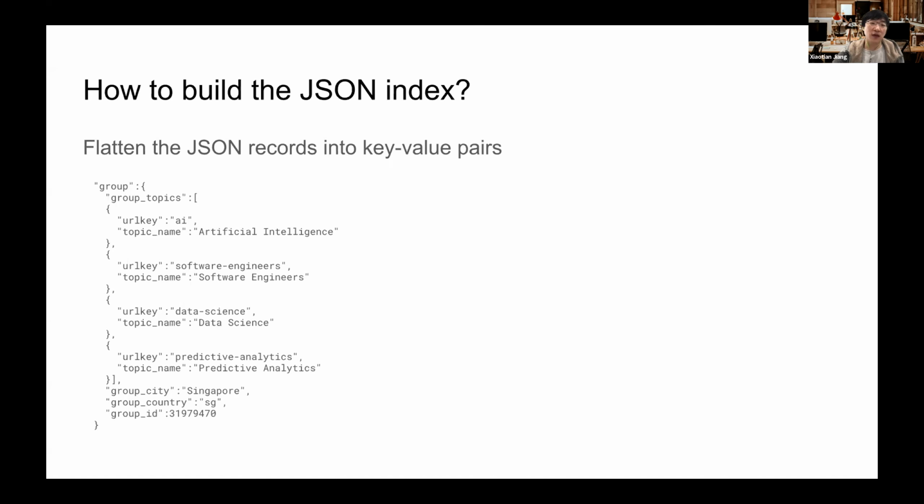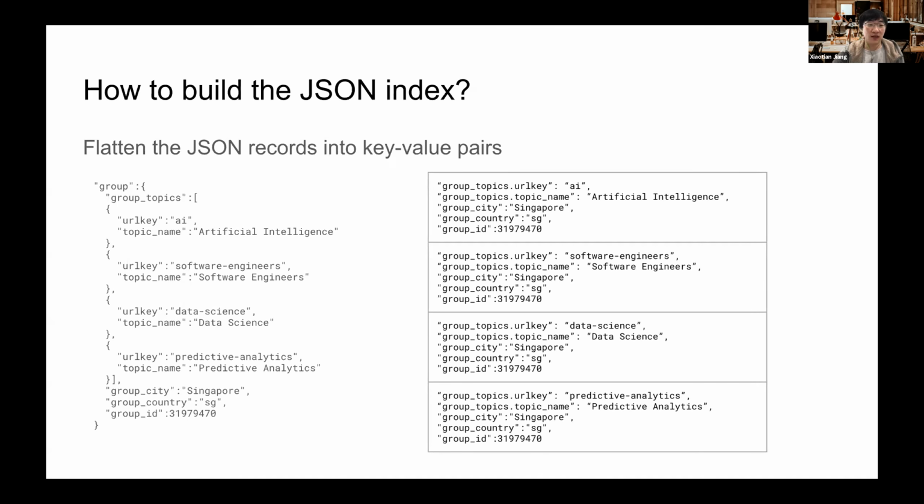But for the array fields like group topics, I want to replicate the simple fields into all these 4 group topics. So the flattening result is shown on the right-hand side. As we can see, all these 4 flattened records have the same group city, group country, and group ID, but they have different group topics.